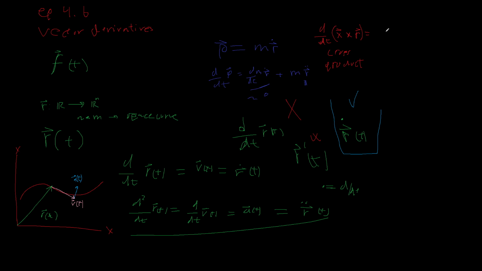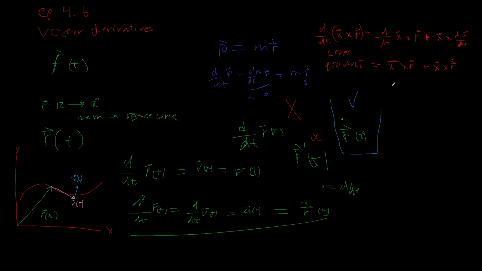We just use the product rule. So that's going to be d over dt of x, cross r, and remember, order matters, so we want to keep that, plus x cross dr over dt. Another way to think about it, and the better way to write it, is x dot cross r plus x cross r dot. So we would just get that.